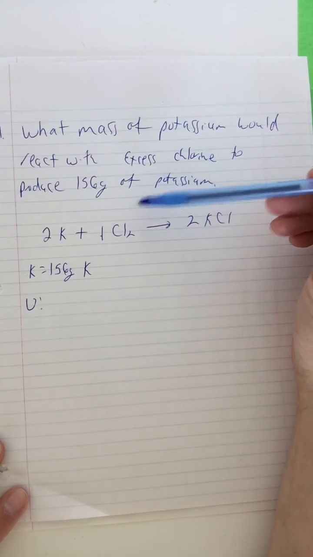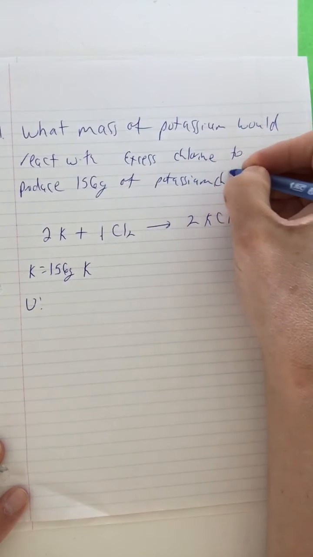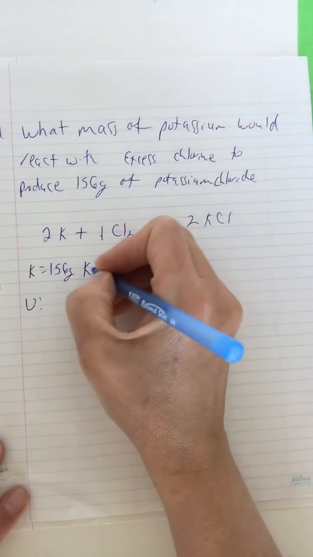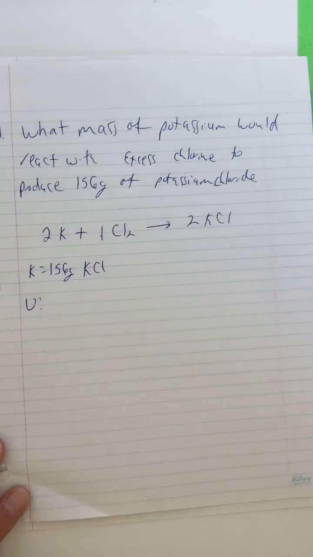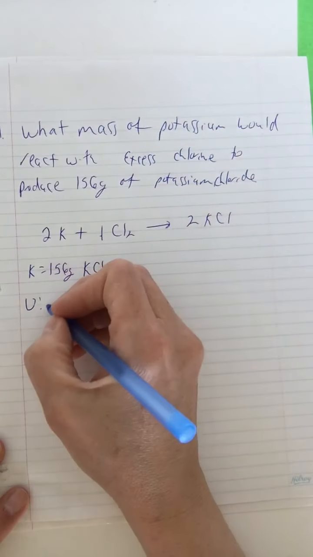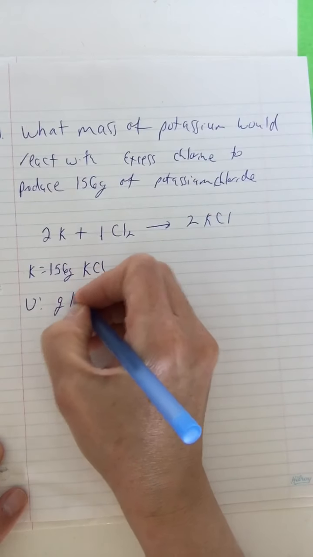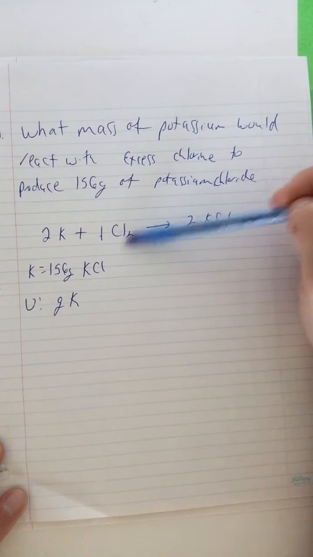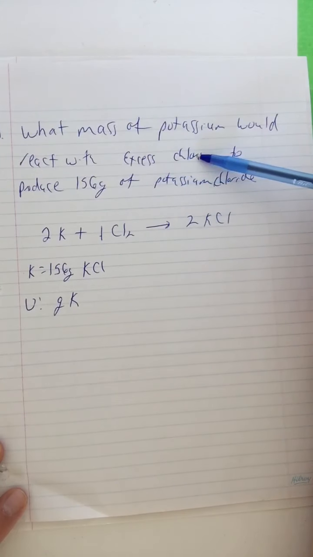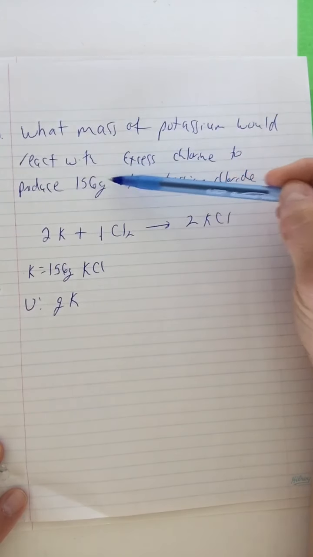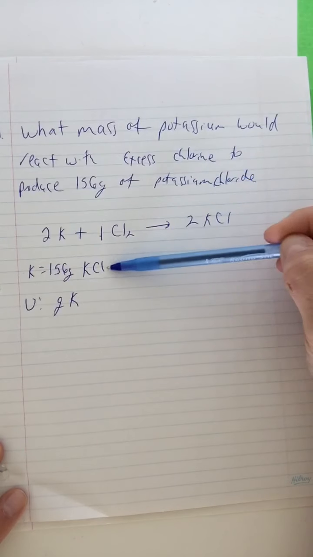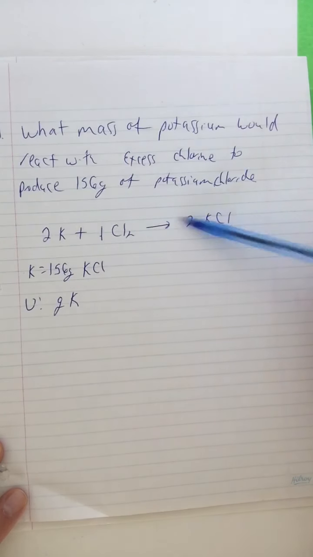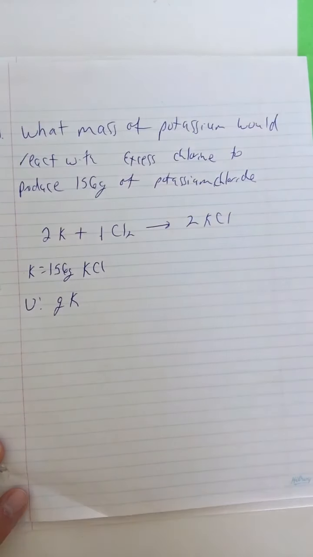I'm going to reread this. Oh, potassium chloride. Okay, so what mass of potassium, so our unknown is grams of potassium, would react with whatever we needed of excess chlorine to produce 156 grams of potassium chloride, KCl. Here's our equation, here's our known, here's our unknown.